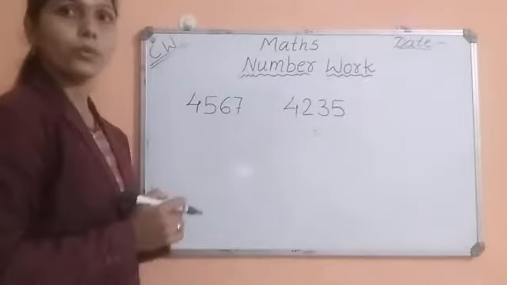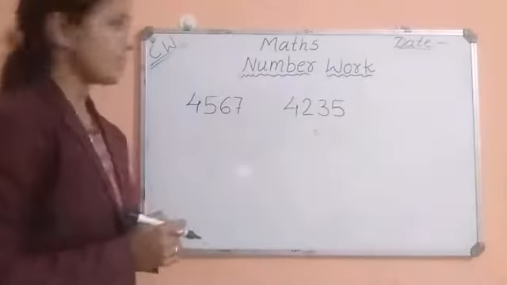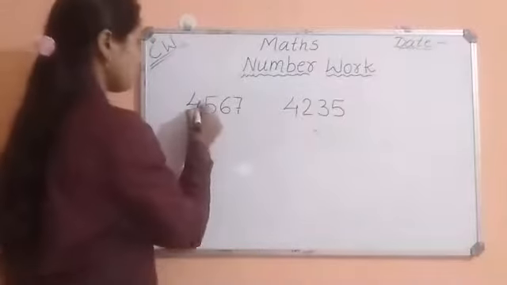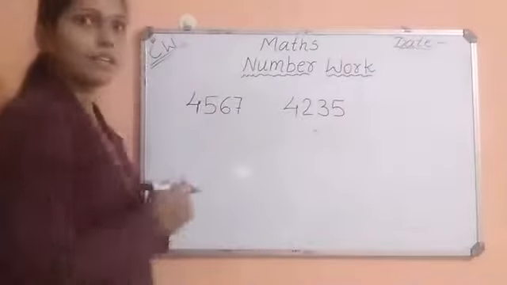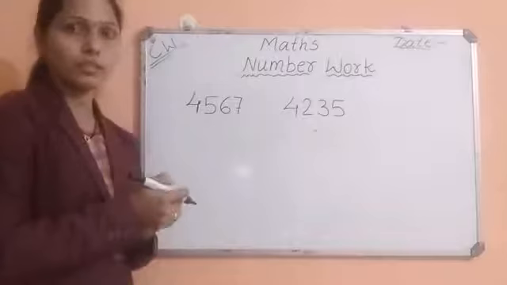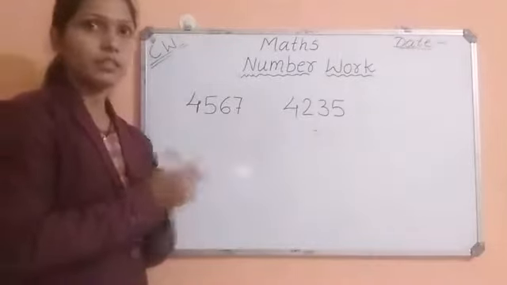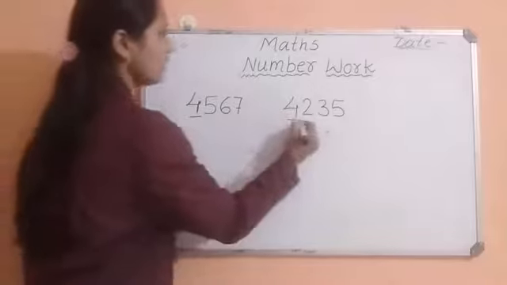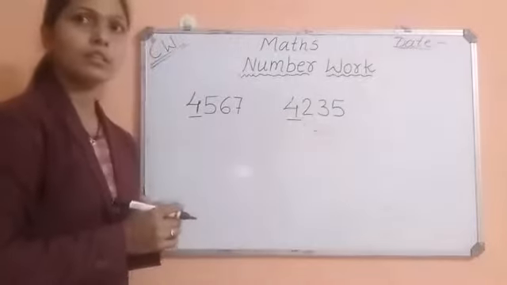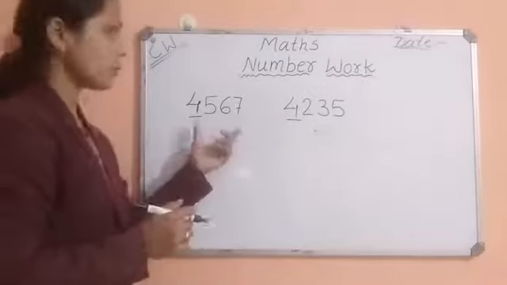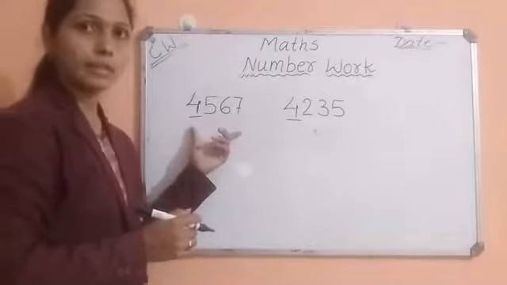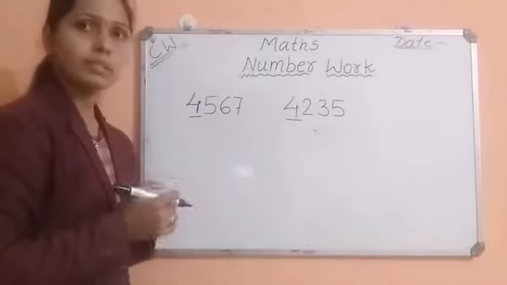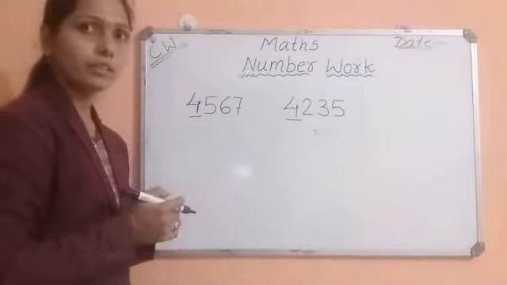These are 4-digit numbers. Now tell me, the number which has greater 1000, that number is greater or bigger one. But here, both numbers have the same digit at the 1000 place. So what do we have to do here?